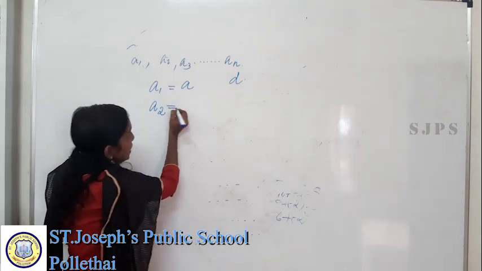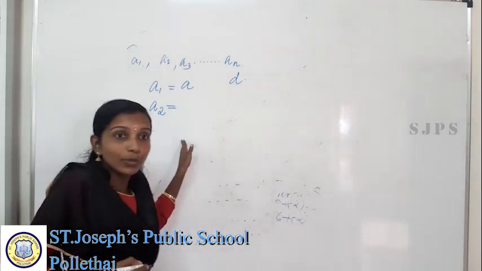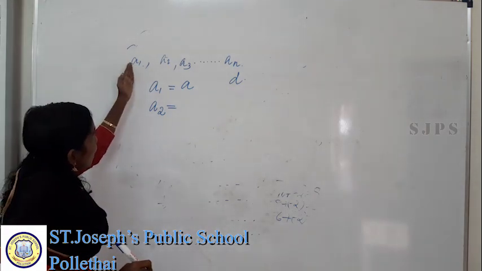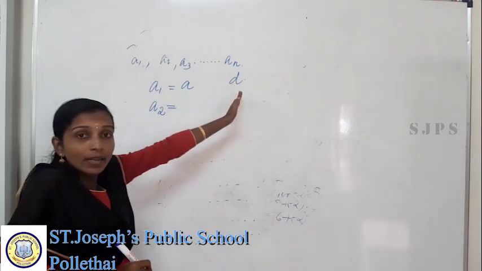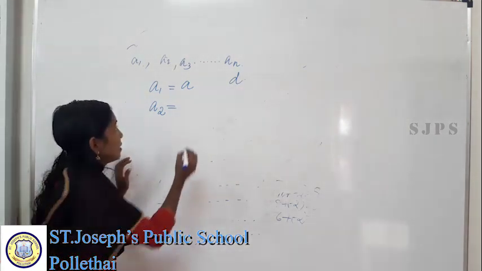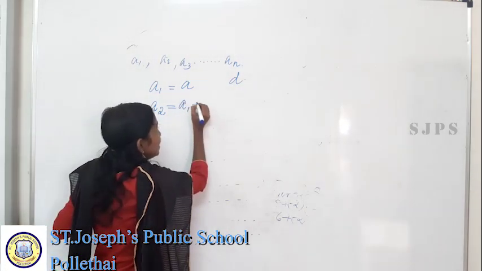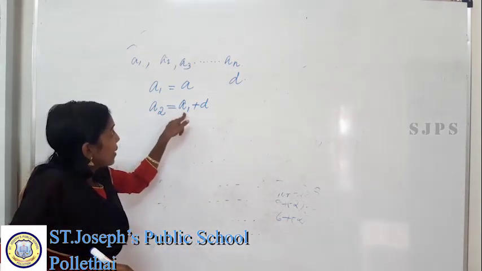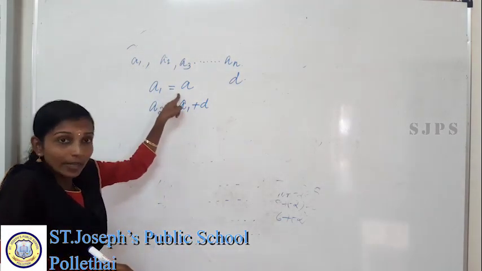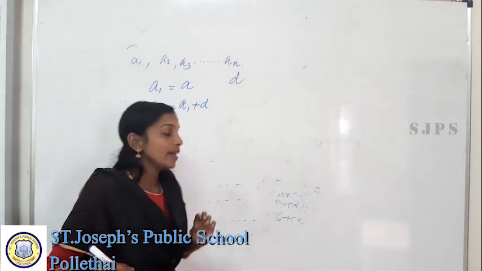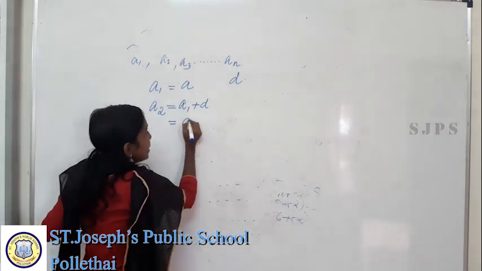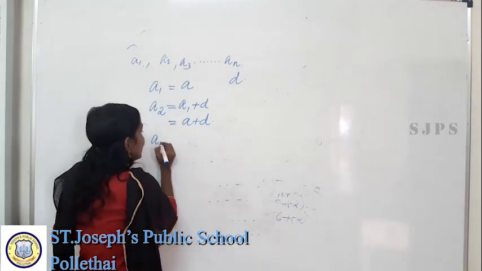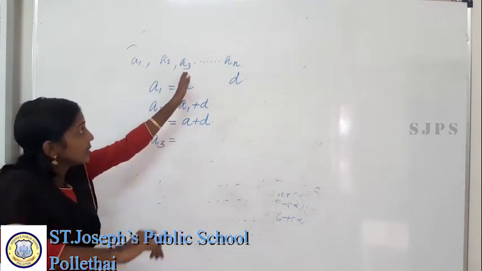A2 is equal to, how do you get A2? A2 is the sum of the first term and the common difference, that is A1 plus D. Then what is A1 here? From here we get A1 as A, so A2 is equal to A plus D. Then A3, how do you get A3?